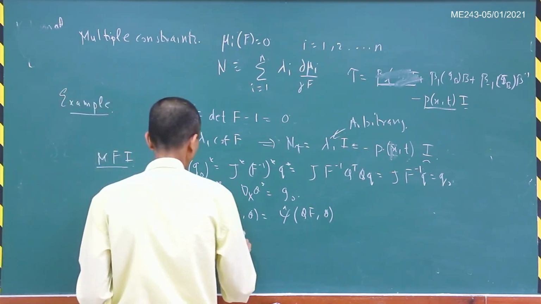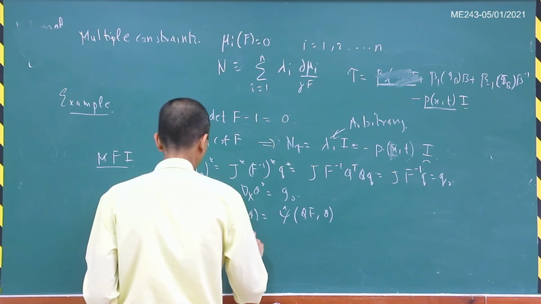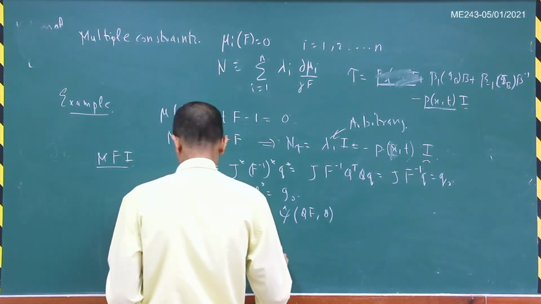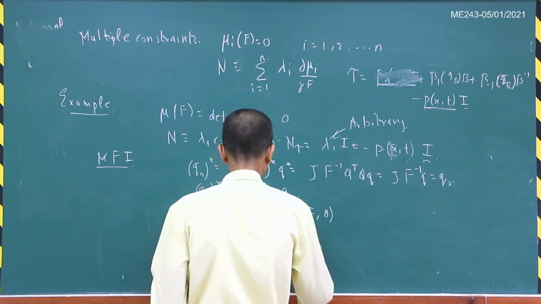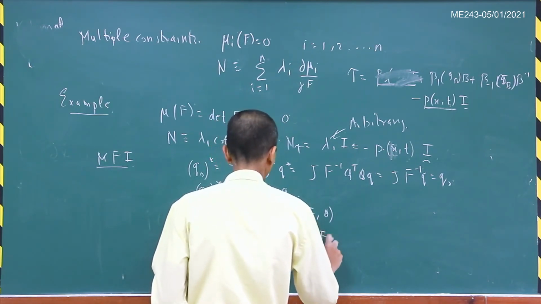And similarly, T hat of F comma theta is equal to Q transpose times T hat of QF comma theta.